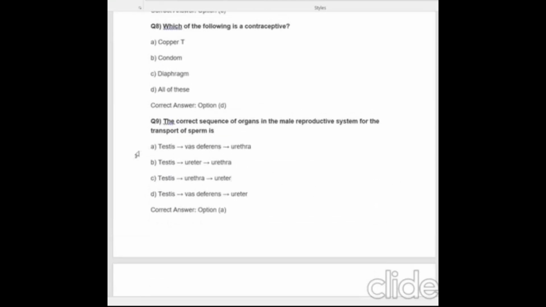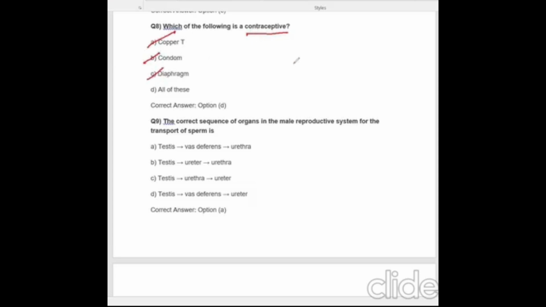So which of the following is a contraceptive? So contraceptive, I already told you. Contraceptive means that which prevents fertilization and pregnancies. That is known as contraceptives. It means avoiding the sperm fertilizing the egg. So copper T is an intrauterine device, condoms are a barrier method, and diaphragms are also used as a barrier method.